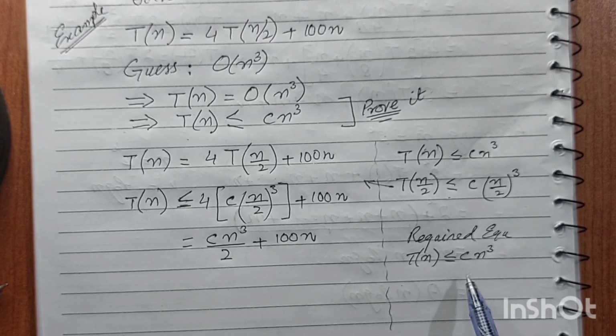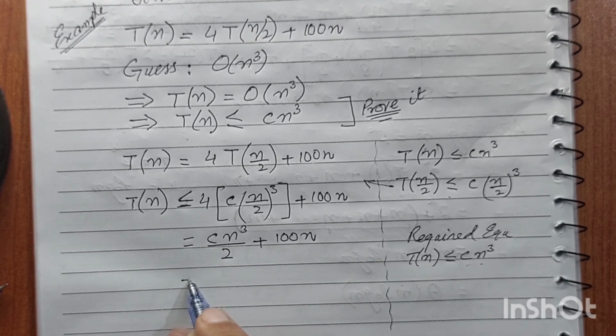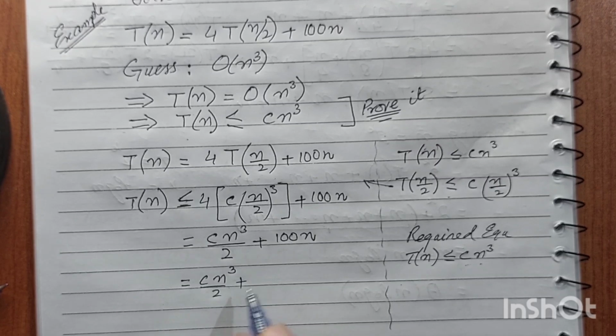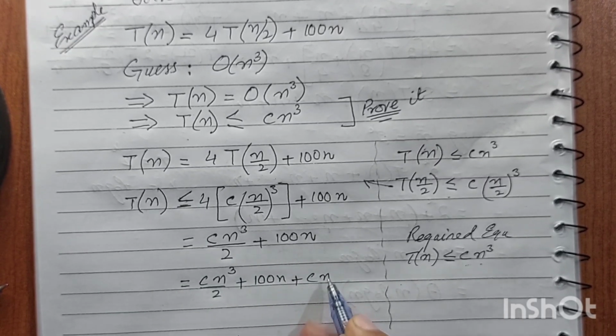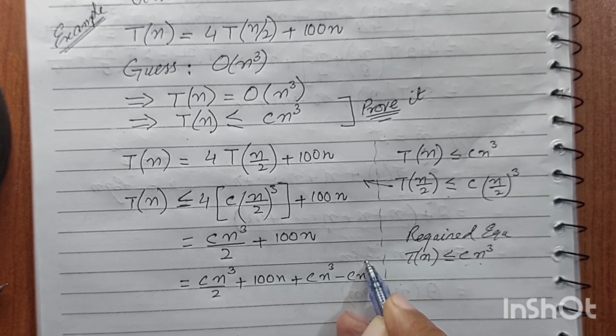The easiest way is I just add c of n cube and then I subtract c of n cube. So c of n cube by 2 plus 100n plus c of n cube minus c of n cube.